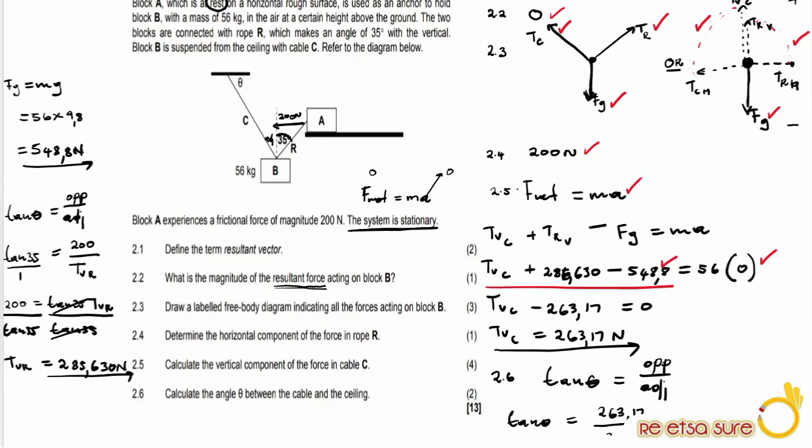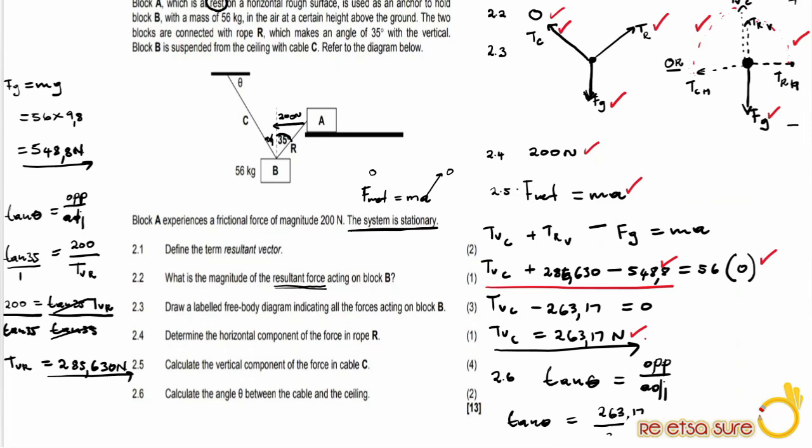Oh, I forgot to put a mark here. For F net is equal to MA, you will get a mark. And then obviously for the final answer, you will get a mark. And then please do make sure that you put the SI unit, because some other learners will just write 263,17 without a unit. Obviously, if you forget the units, you will get it wrong.